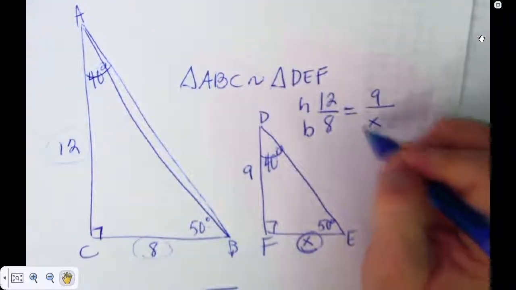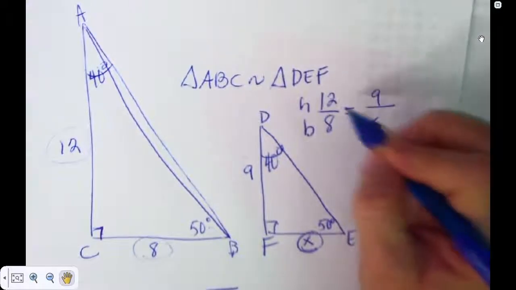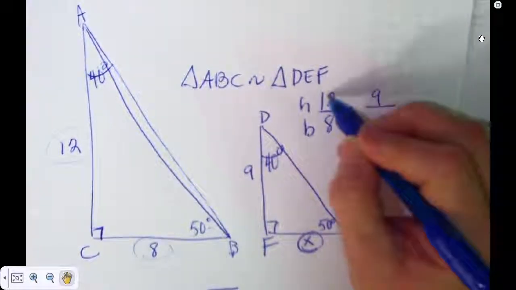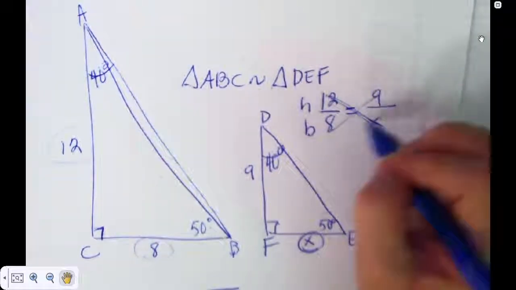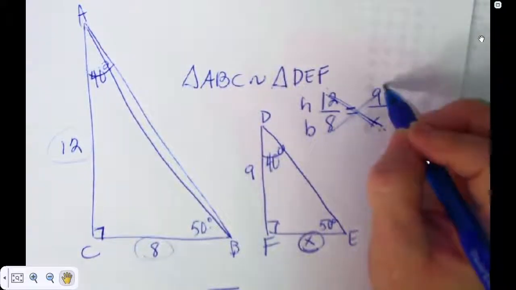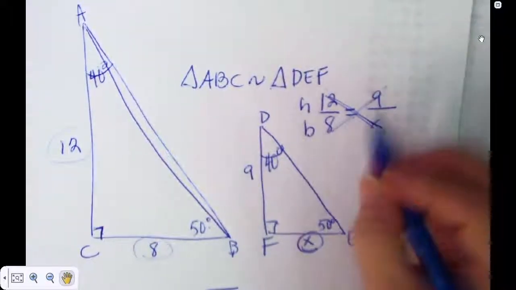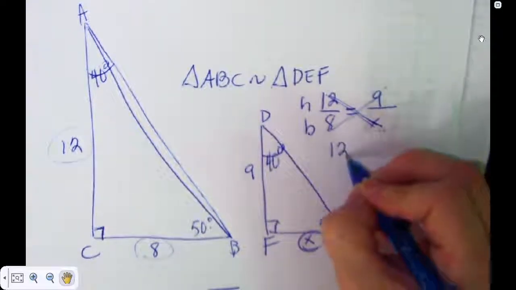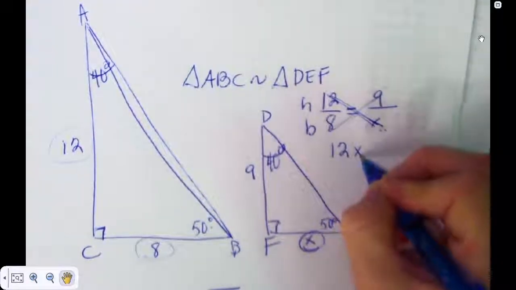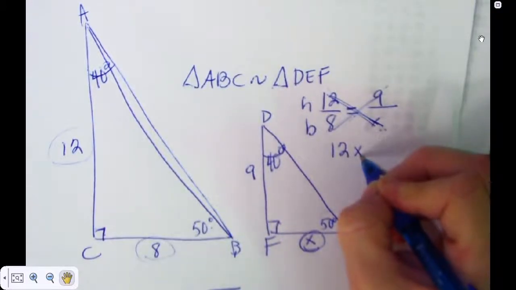So if I'm trying to find x here, when two fractions are equal, what do we know? The cross products are equal. I call it the crisscross. You're going to crisscross. So what do I write? 12x. I'm going to put my variable on the left.